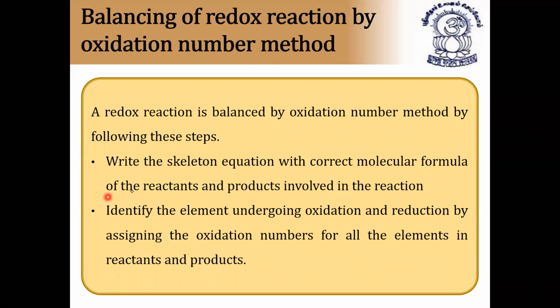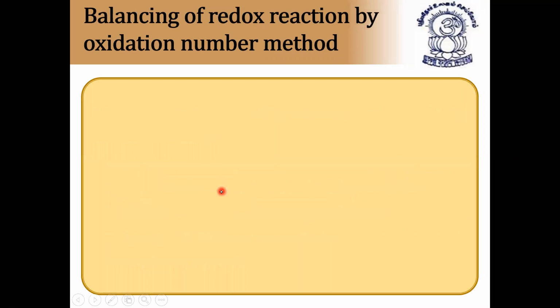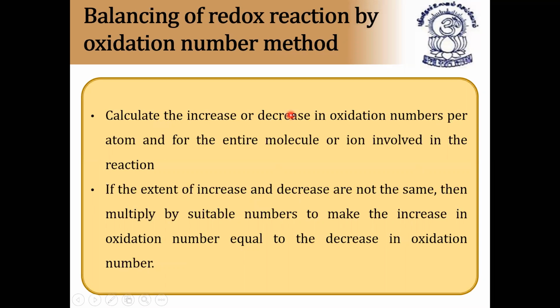So the first step, second step is clear. Third step right now. Calculate the increase or decrease in oxidation numbers per atom and for the entire molecule or ion involved in the reaction. So for example, I'm writing here clearly, MnO4 minus changes to MnO2.